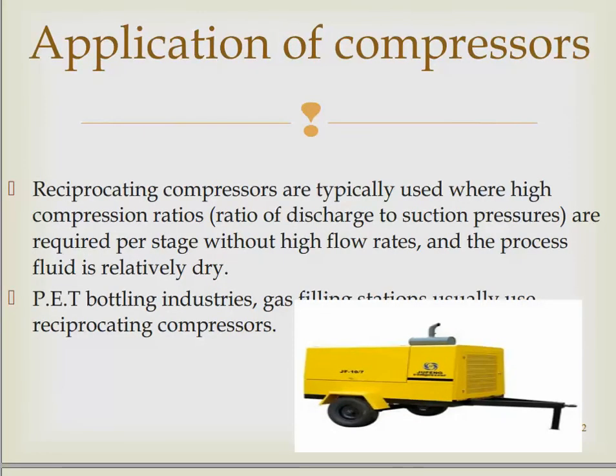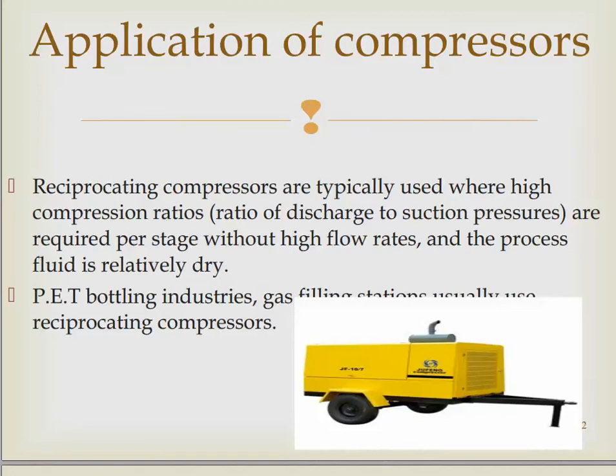Now we have the applications of the compressor. Reciprocating compressors are typically used where a high compression ratio, that is the ratio of discharge to suction pressure, is required per stage without a high flow rate and the process fluid is relatively dry.